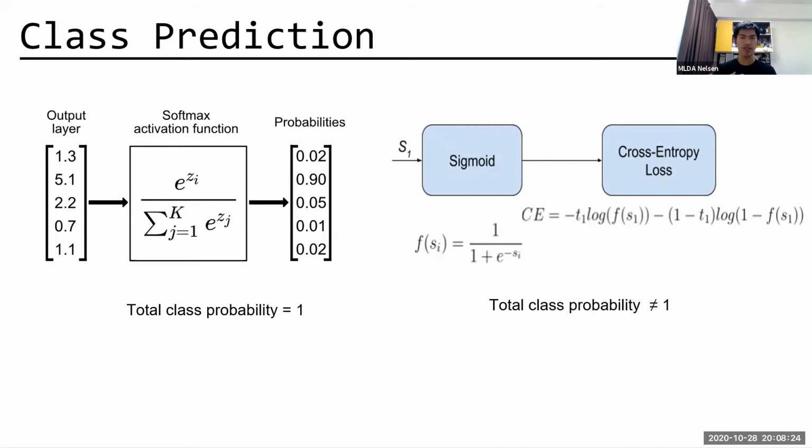But for YOLO version 3, they try to tackle this problem, even though the problem is not really quite severe. The idea is that, for a given image, let's say a pedestrian, a pedestrian can be classified as a pedestrian and as a person or as a child.